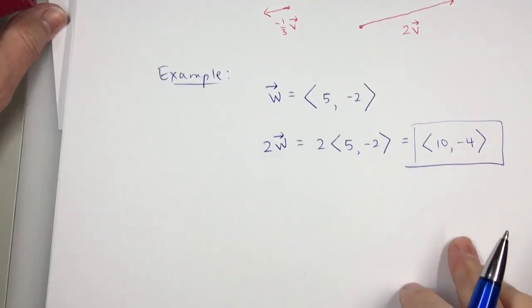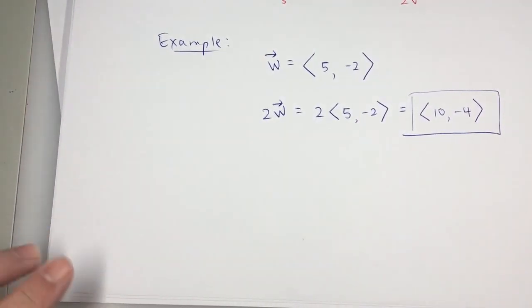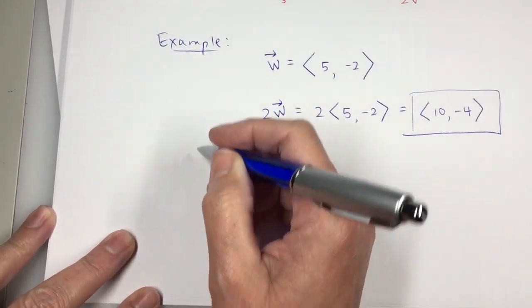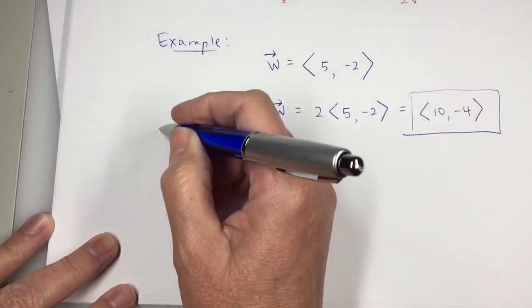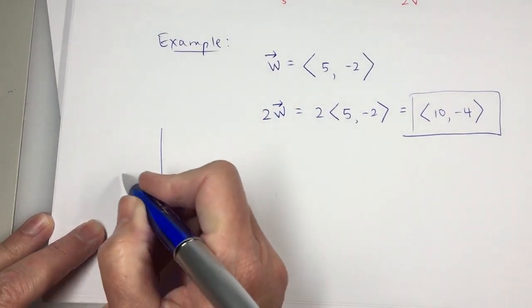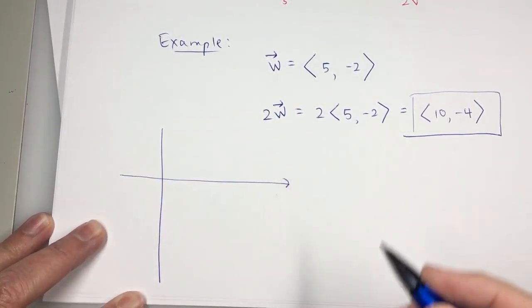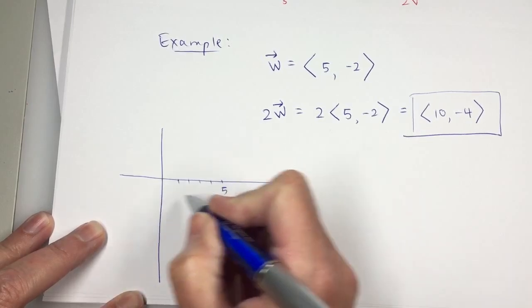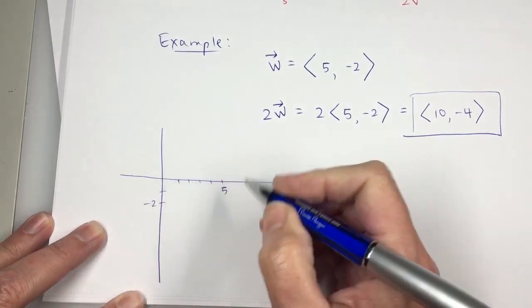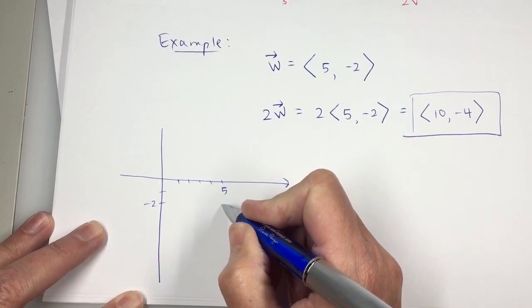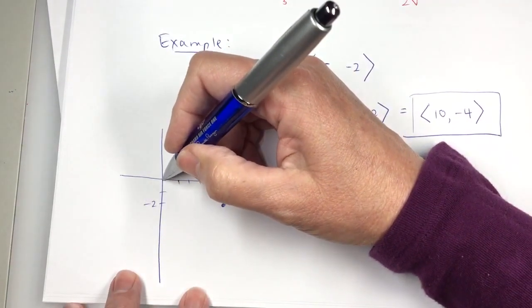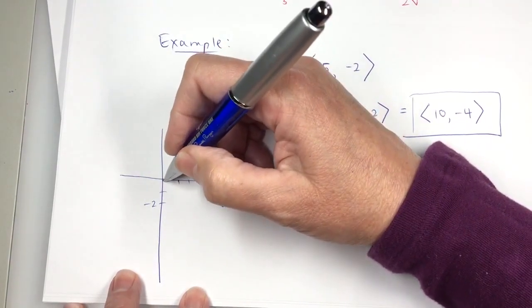It would probably be nice to graph this so you can get a picture of it. Let's see, 5, negative 2. I'm thinking ahead a little bit with exactly how I want to set up my axis here. So I have 5 and negative 2. The position vector would have terminal point at 5, negative 2, and the initial point is at the origin.